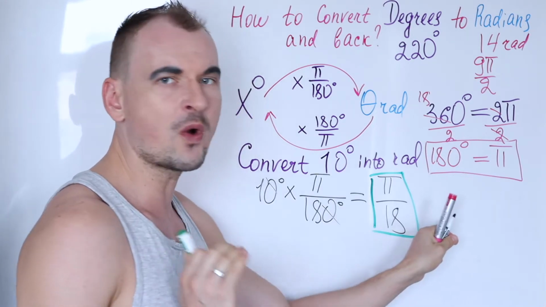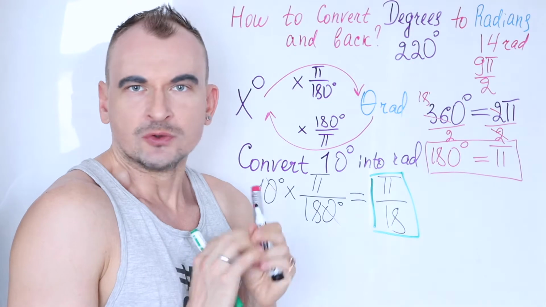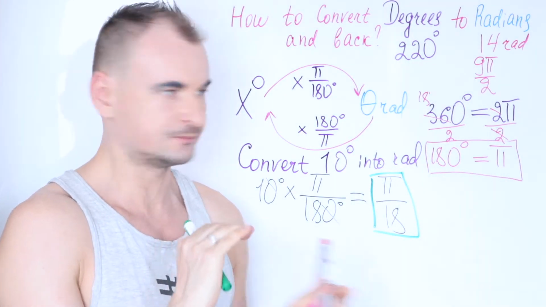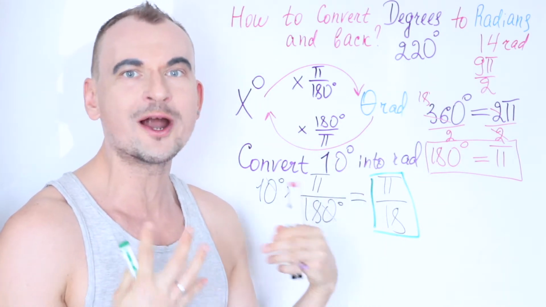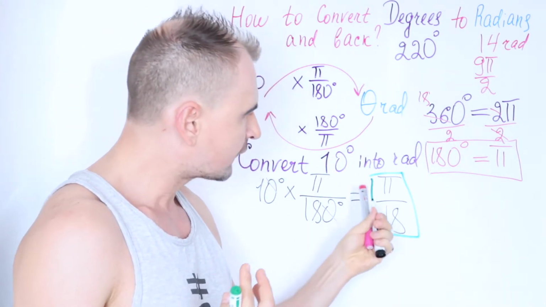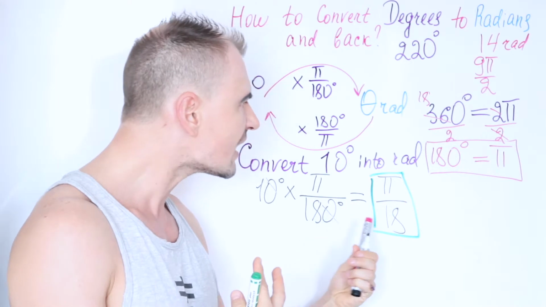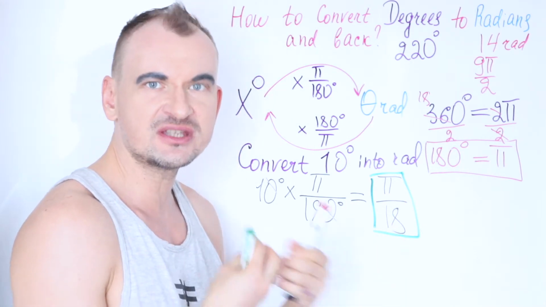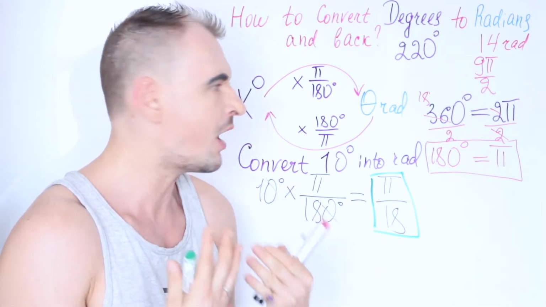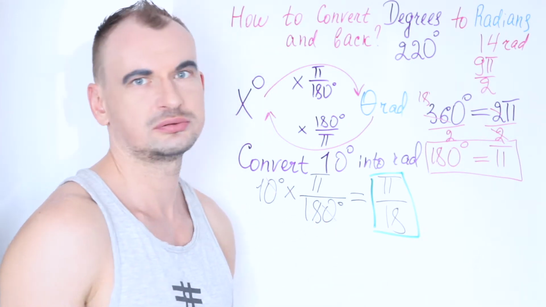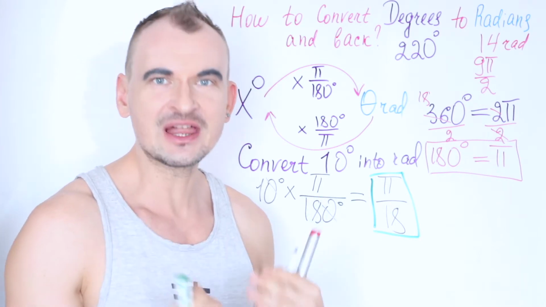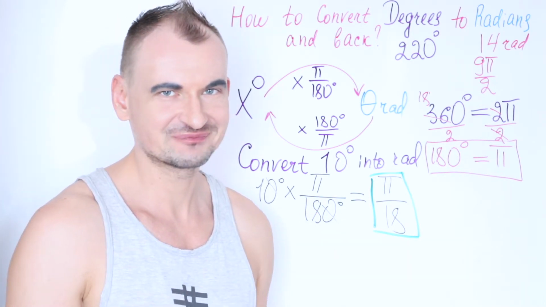As I mentioned before, if you like, no harm, you could add this RAD, which stands for radians, but from that answer, it's obvious that you are left with radians.